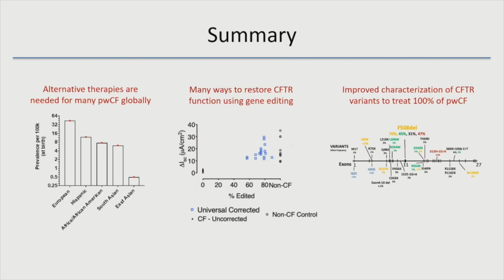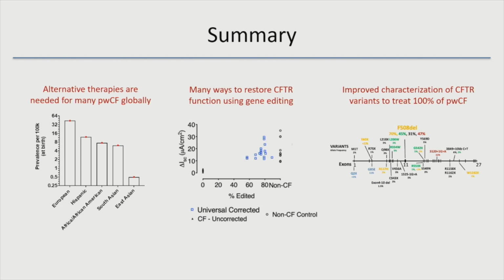So with that, the summary is that there's definitely a need for alternative therapies for CF, especially once you consider the global population. There are many ways of restoring CFTR, and I think that's the take-home message from this session. You can go one variant at a time, partial superexon, complete superexon, and they all restore CFTR expression, so that function. That's the good news.